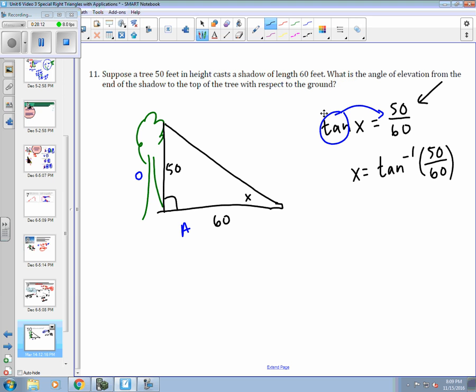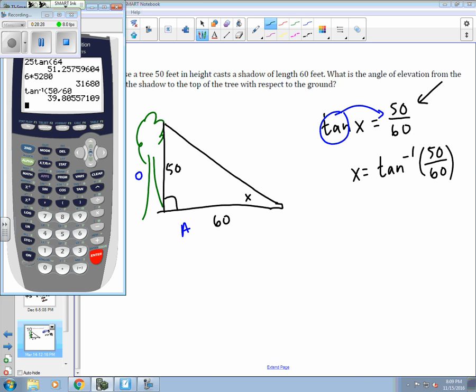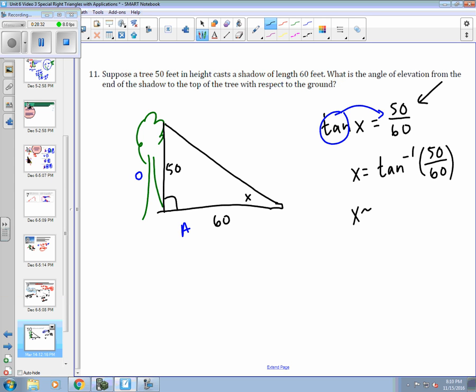So now in your calculator, type in inverse tangent by hitting that second button of 50 divided by 60. Hit equals, and it should tell you the approximate angle. Looks like it is very close to 40 degrees here. So x is approximately 40 degrees.